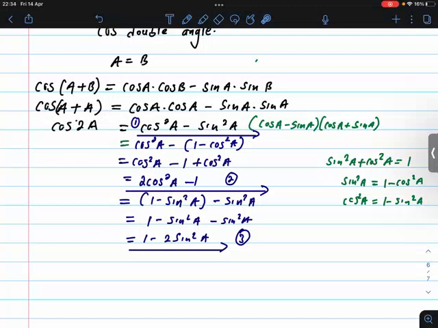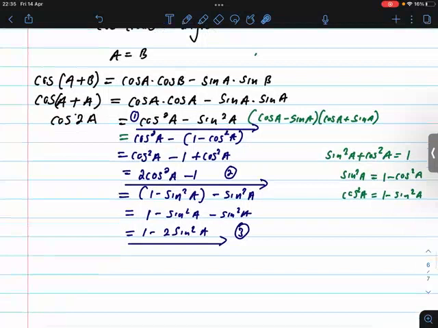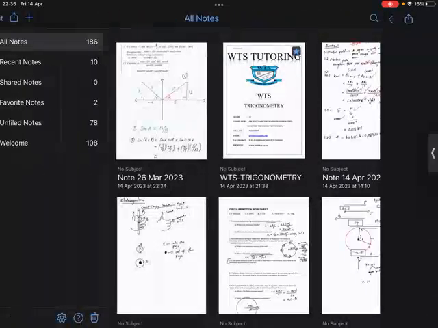Okay, let's continue. Let's have a look at how we apply this on all of those sorts of things.